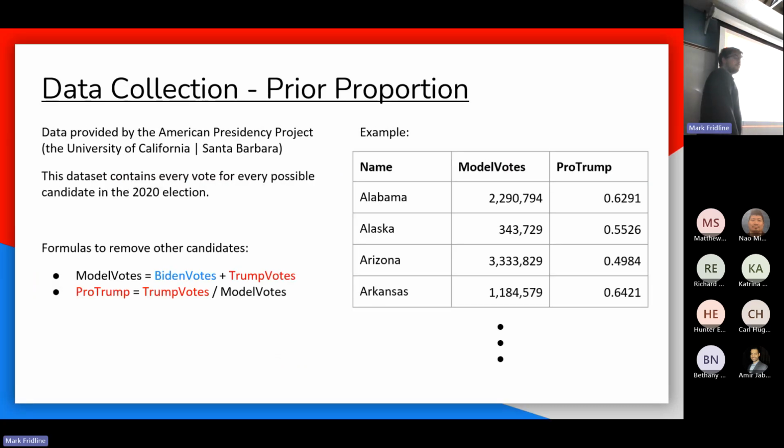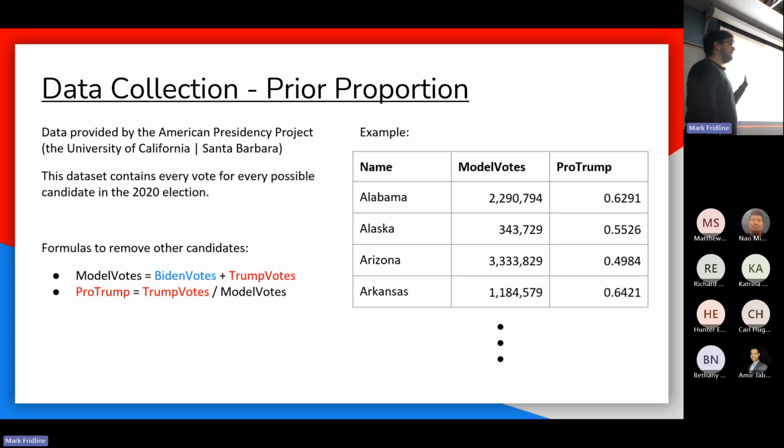So here, data collection, my prior proportion. This data was provided by the American Presidency Project, which is a project from the University of California, Santa Barbara. This data set contains every vote for every possible candidate in the 2020 election. Problem: we don't really care about other candidates besides the Democrat and Republican candidate in our model.